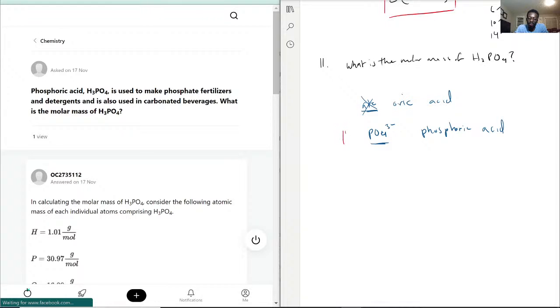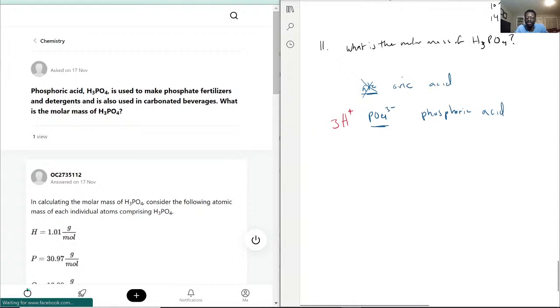You just need enough hydrogen ions, and because it's 3 minus and each hydrogen is 1 plus, you need 3 hydrogen pluses, which is exactly what we have here in H3PO4. That's just for you to get familiar with the naming, in case the question decided to just give the name and you figure out the molecular structure.